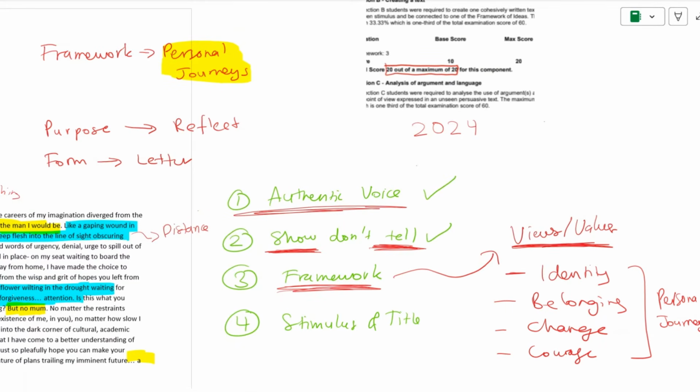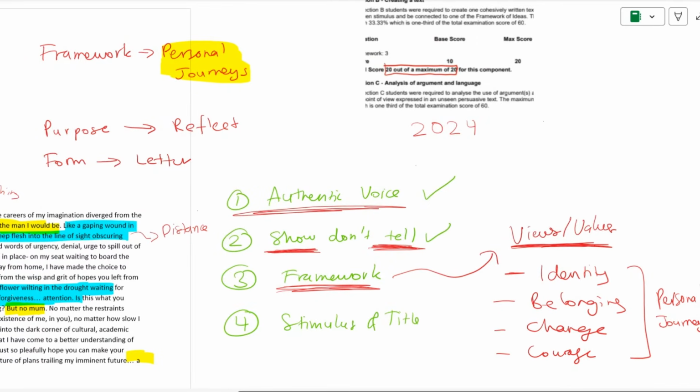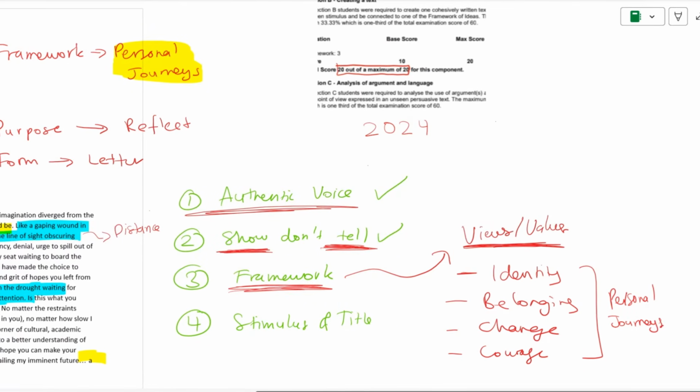So it's very important to think about those views and values, see how they shape your writing. Like somewhere am I talking about identity, am I talking about the importance of change, or what lesson this important change taught me in the middle of my writing. And if you talk about these little views and values here and there, the examiner will definitely see this person has a very strong knowledge of the framework, and they really understand what's been given to them, and you'll be rewarded as a result of that.